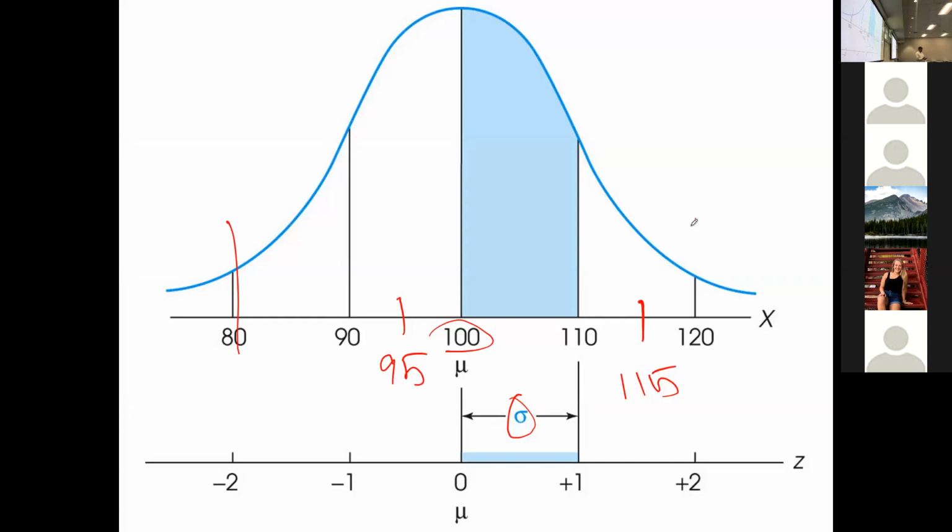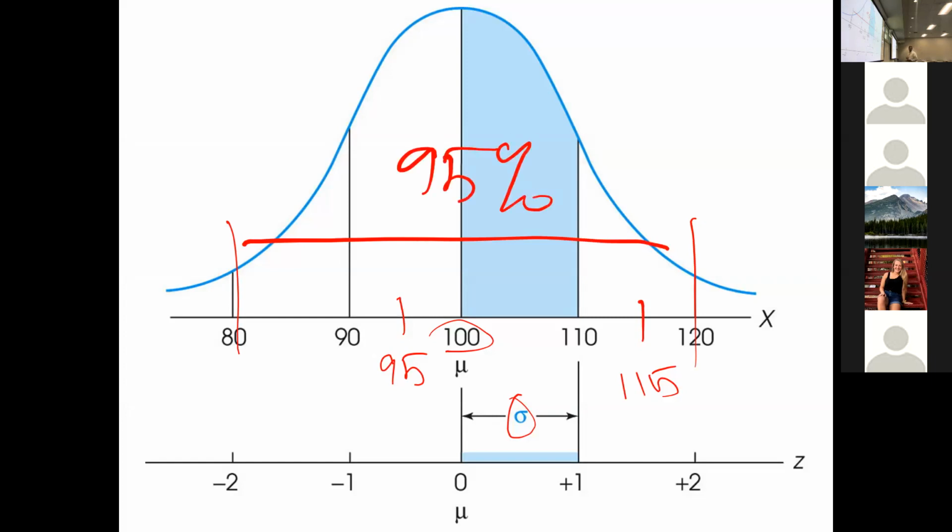So if we go back here, -2, +2, you've got about 95% of that data included between there. Cool?